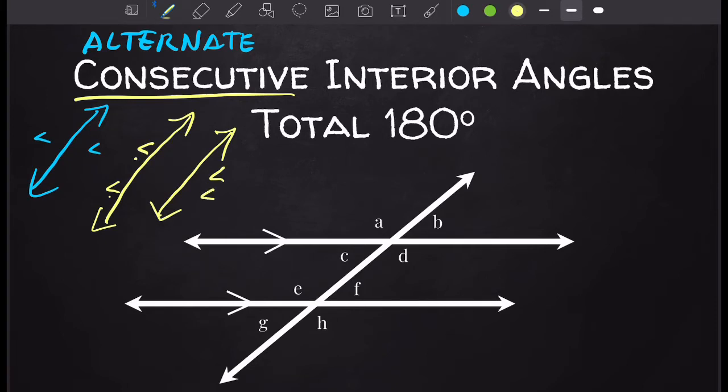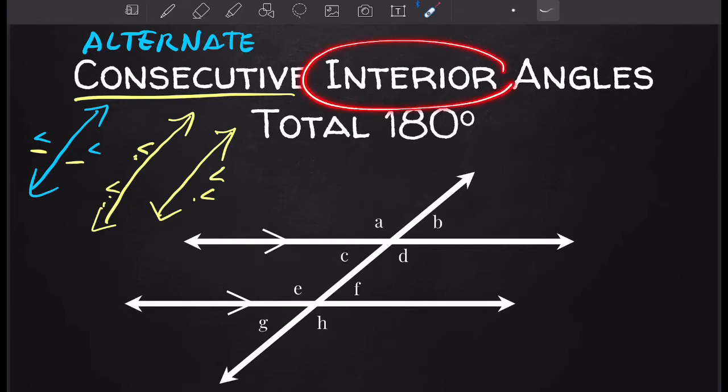Now, remember, this is the symbol for angle. So, alternate means one's on the left, one's on the right. Consecutive means both angles that we're looking at are on the same side. And we know that interior means in between the parallel lines. So when we look at consecutive, on the same side, interior, in between the parallel lines, total 180.